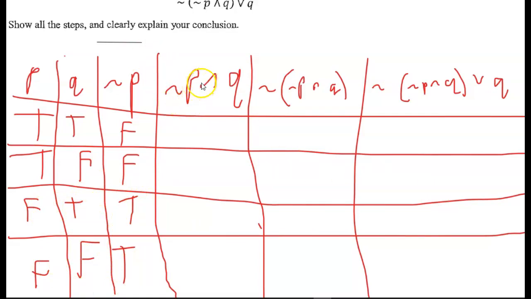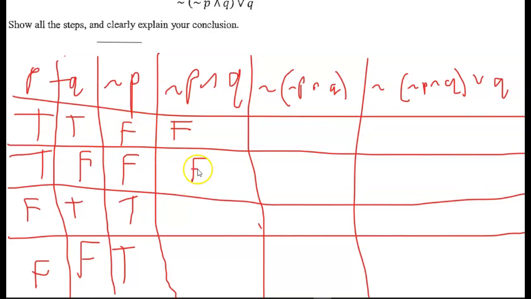Now what's not P and Q? I told you, and means that both of them have to be true. So now we're looking at not P and Q. True and false, they're both not true, because this is false, so we just put false.